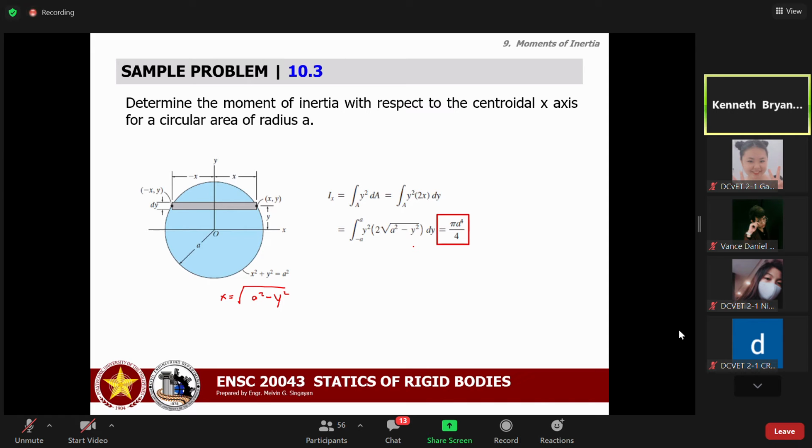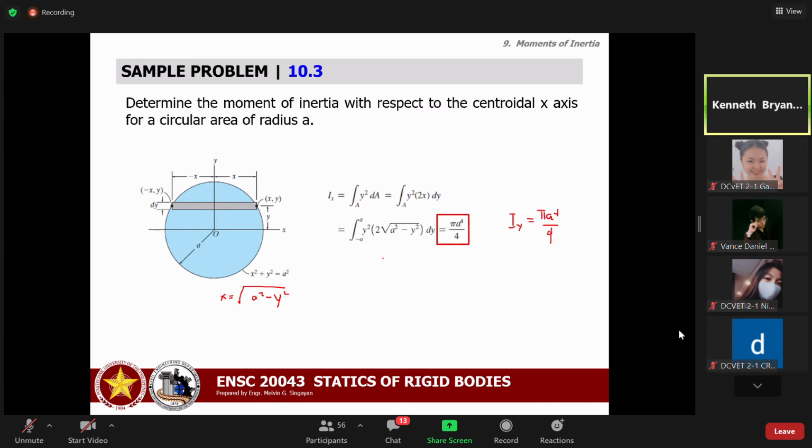So that is the moment of inertia of the circular area about the centroidal x-axis. And the moment of inertia about the centroidal y-axis, what do you think is the value of Iy here? It is the same, pi a to the fourth over 4.